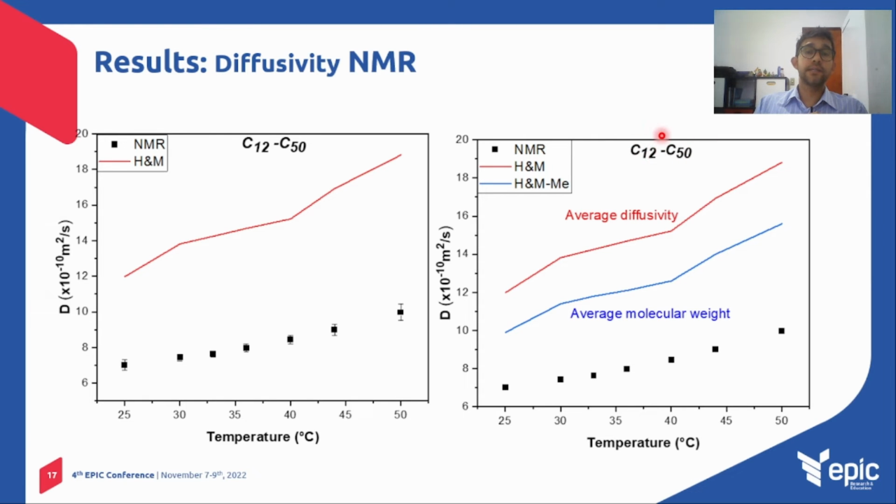So we calculate the average molecular weight here, and we apply it in Hydrochemia's. And we can see that when we consider the average molecular weight, the Hydrochemia's result is better than if we consider the average for each molecule that we have in the mixture, for example. So this way is also considered in the oil industry and the literature.